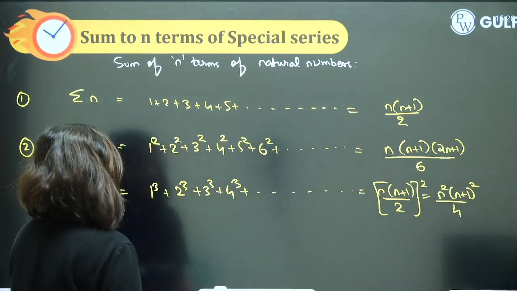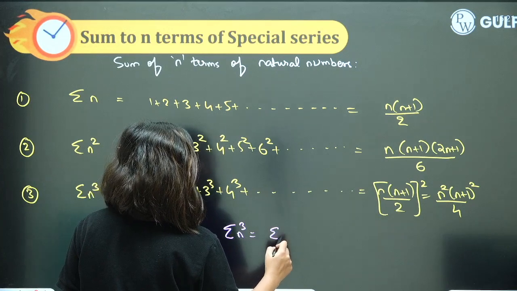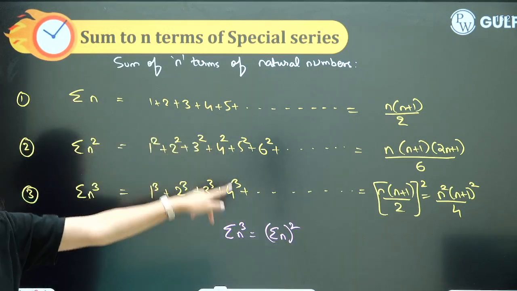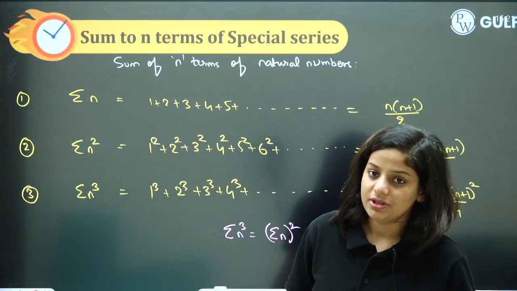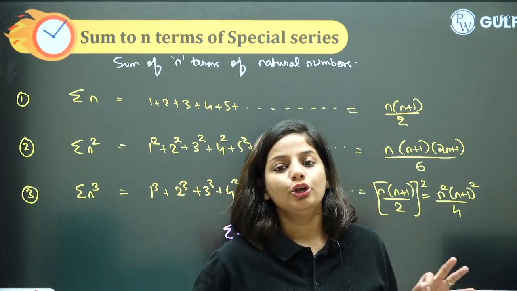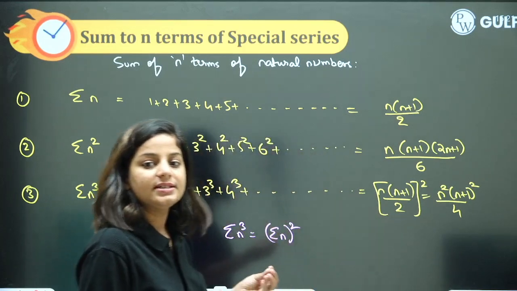So basically there is a small relation. Summation means addition, and these three special series, if you remember, you will be able to solve all the questions. Generally the question is find the nth term.